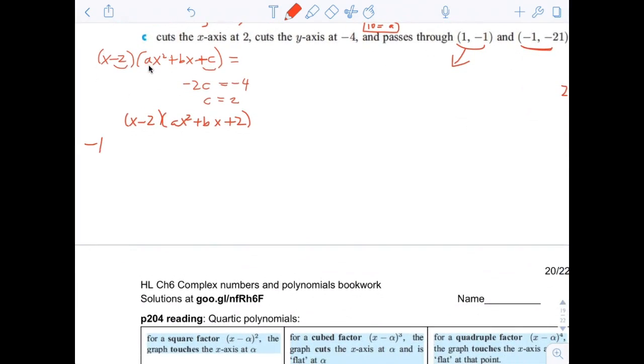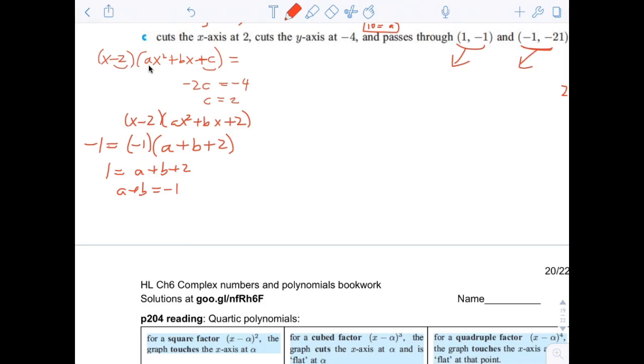So I could put negative 1 equals 1 minus 2, which is negative 1, times a times 1 squared, which is a, plus b times 1, which is b, plus 2. So that's 1 equals a plus b plus 2. A plus b equals negative 1.